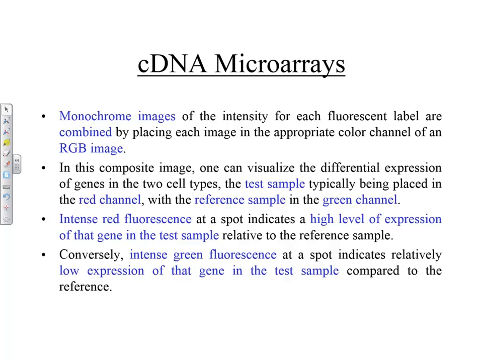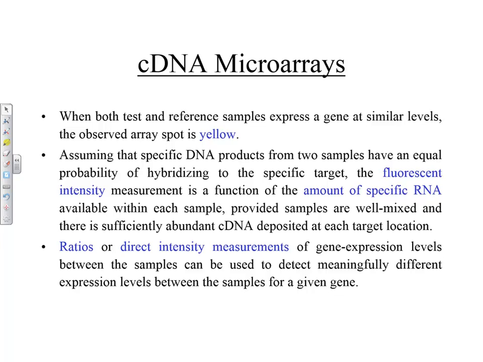Conversely, intense green fluorescence at a spot indicates relatively low expression of that gene in the test sample compared to the reference sample. Now, when both test and reference samples are expressing a gene at similar levels, the observed array spot is yellow.